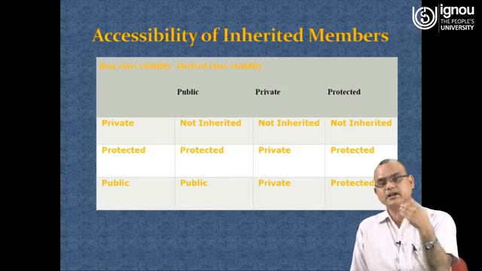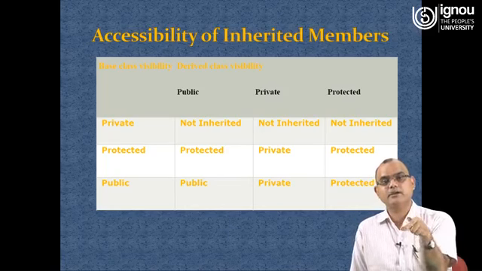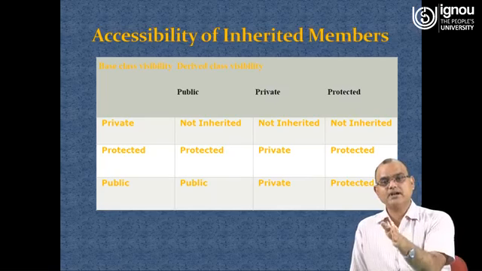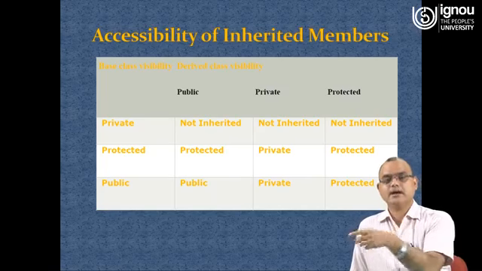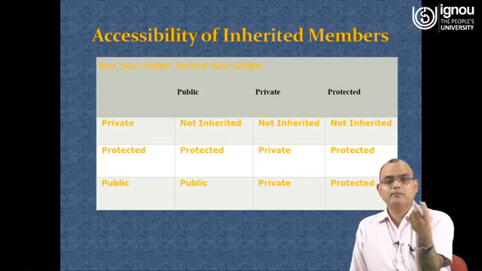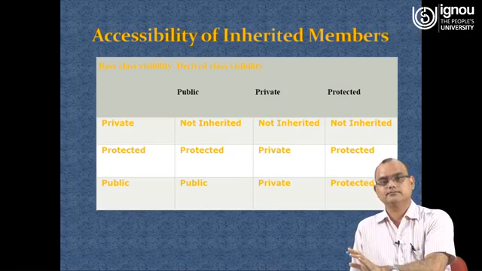The things of class A can be accessed up to class B only. Class B further cannot provide access to anybody else because it has derived privately. And similarly, if protected is there, then private by default is not inherited, protected becomes protected, and public also becomes protected.